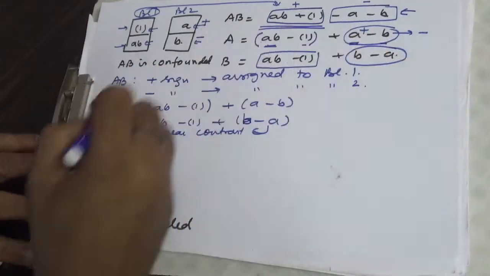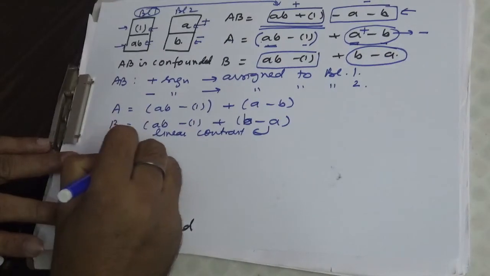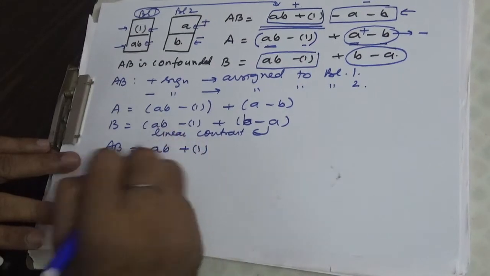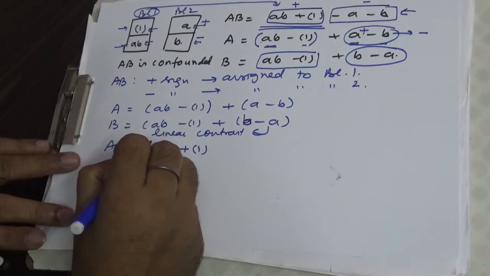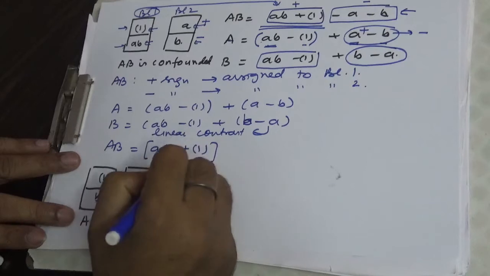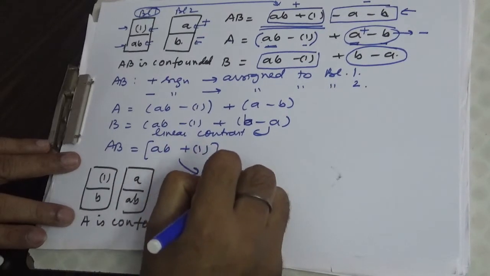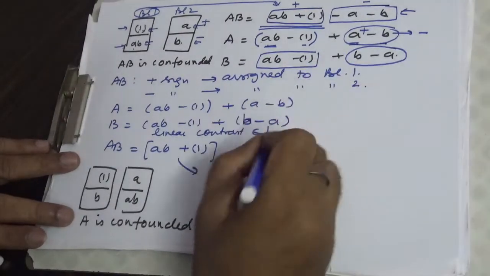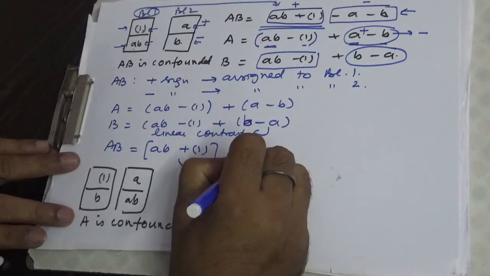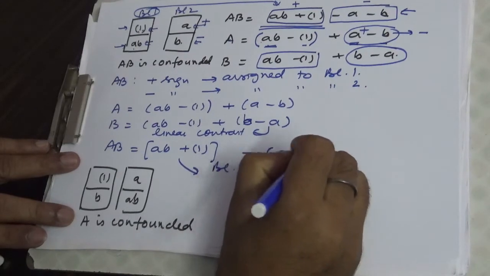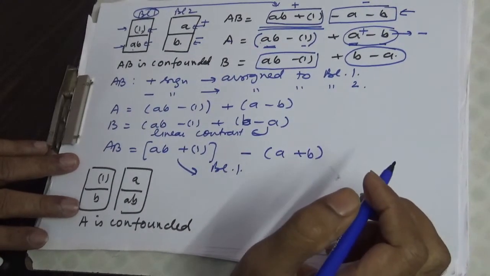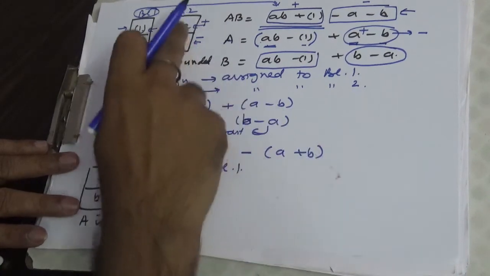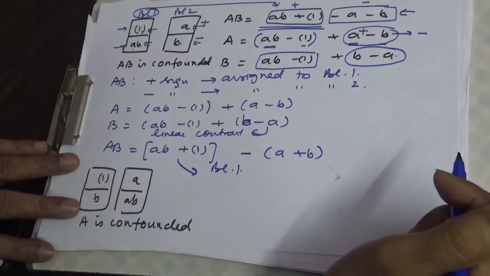Whereas if you now try to observe here in AB, AB here is AB plus 1. Both are here with positive sign and both are occurring in block number 1. You can see here. Whereas in the second block, you can see this is A plus B, and A and B both are occurring in block number 2.